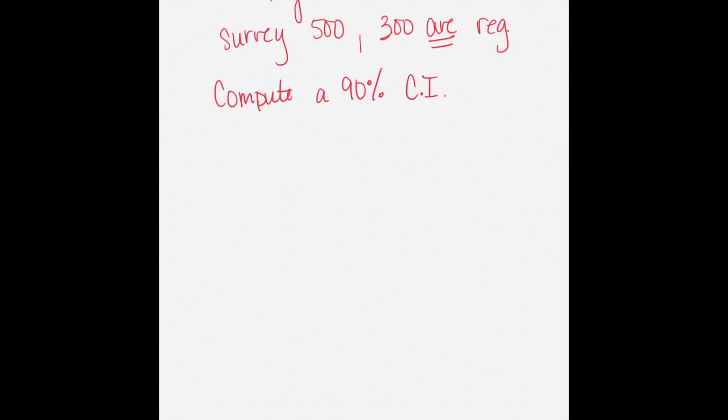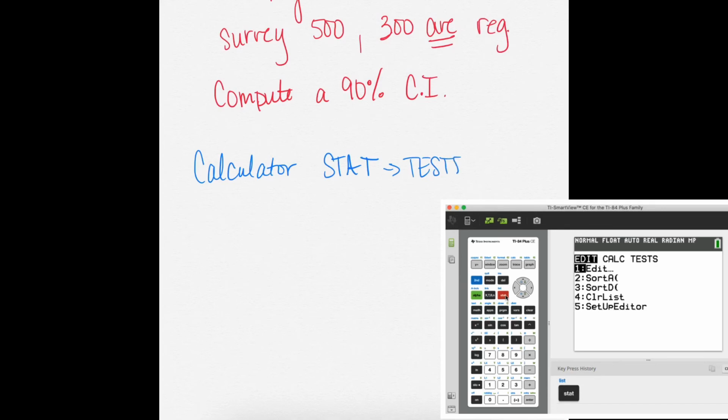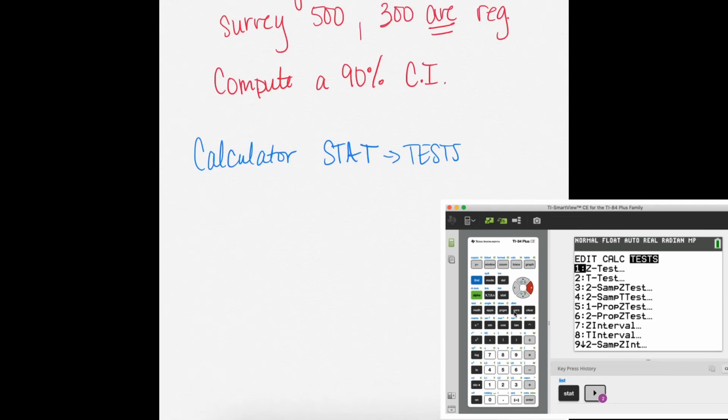All right, so let's go straight to our calculator. We're going to go to stat, and then over to tests. Same places we've been going. On the TI 84 plus, you notice how each one of these has a number, 1, 2, 3, 4, 5, 6, 7.